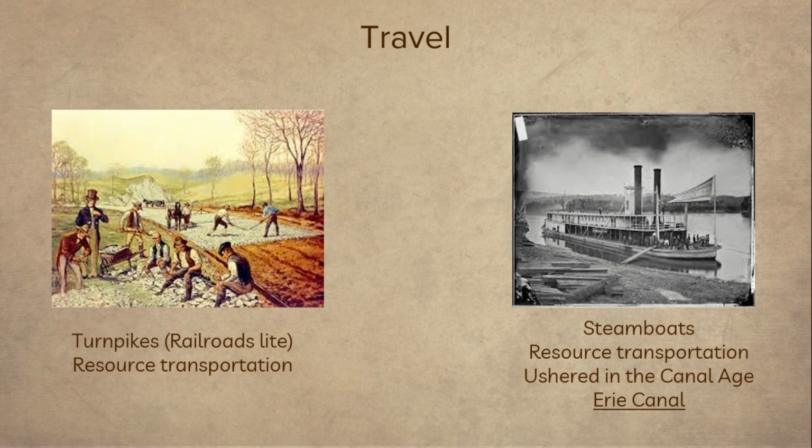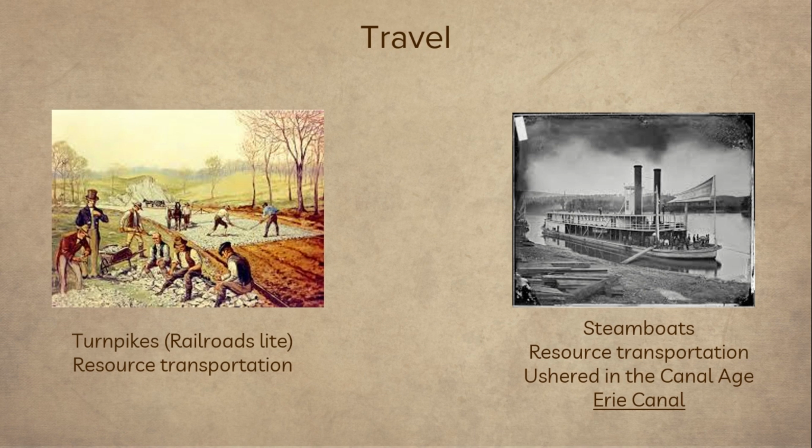become self-sufficient. Because remember, we have a whole lot more land with the Louisiana Purchase. We need a good way to be able to ensure that resources get everywhere so we can have the nation as a whole thriving. And then we also have steamboats with the access to new rivers through the Louisiana Purchase. Steamboats become so much more important, not only just for travel but for resource transportation again.